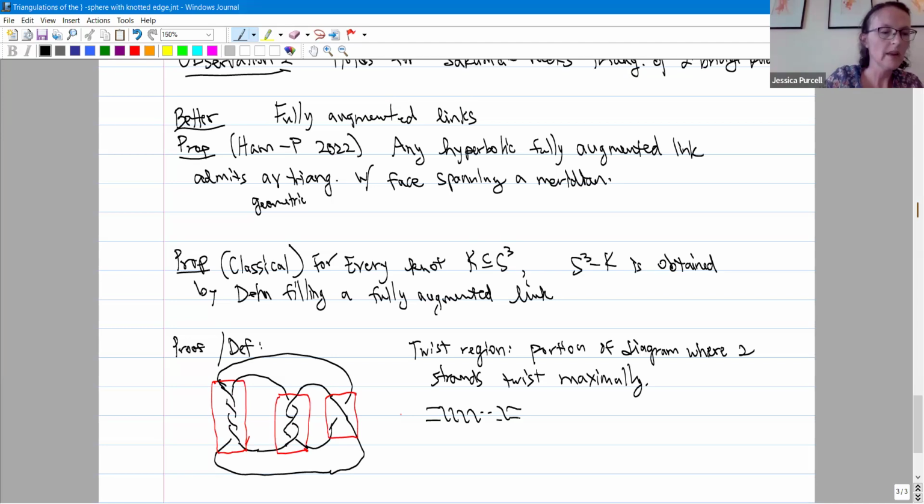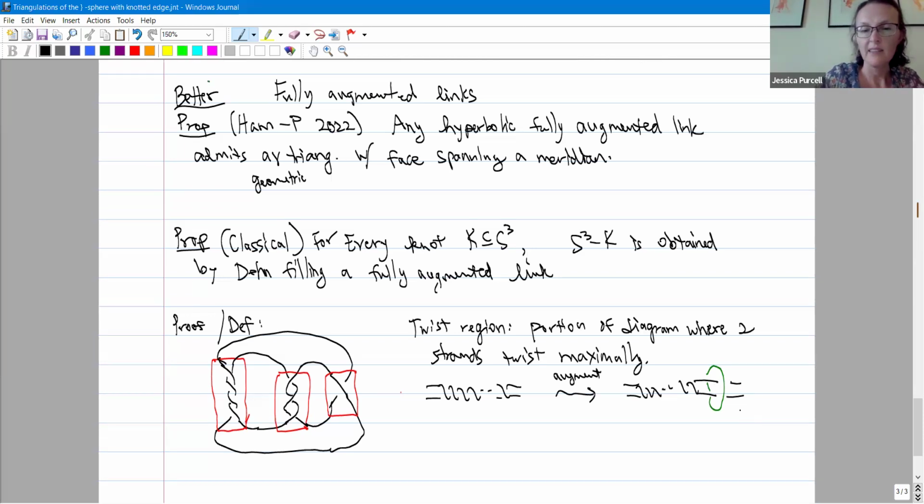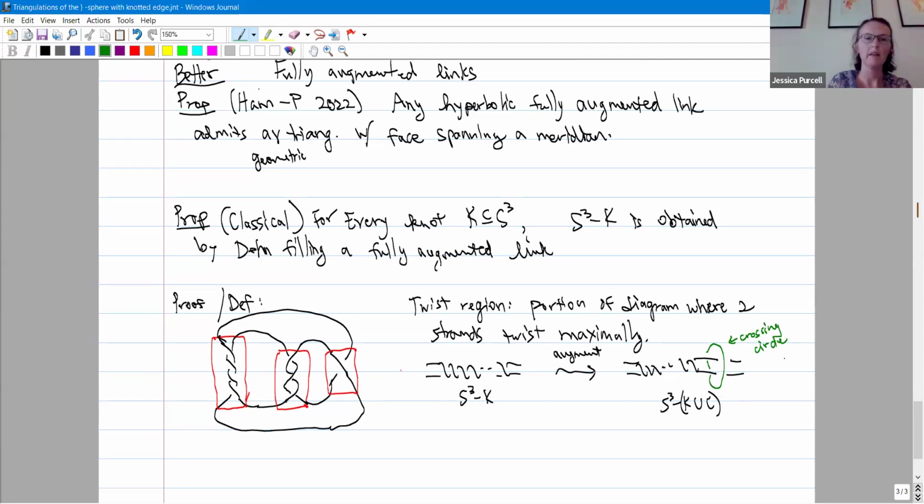And then what you do is you augment. And what that means is you insert unknots. For every twist region, you insert a little unknot, just encircling the two strands. So if this is S3 minus K, then what we've really done is drilled out more stuff. I'm going to call this a crossing circle. And this is a new link.